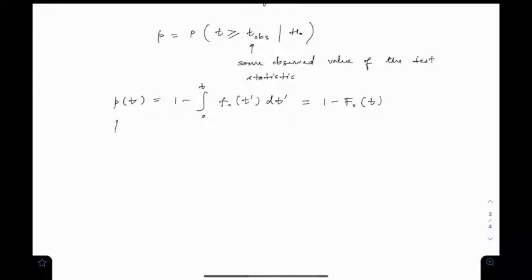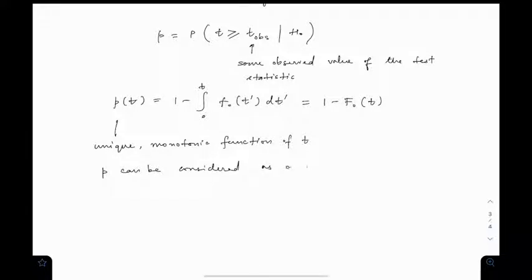Since p is a unique monotonic function of t, we can consider it as a normalized test statistic that is completely equivalent to t.